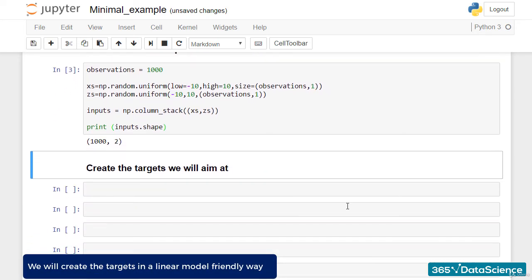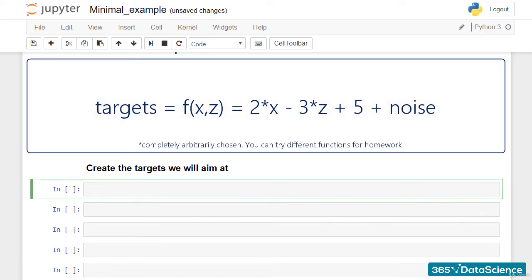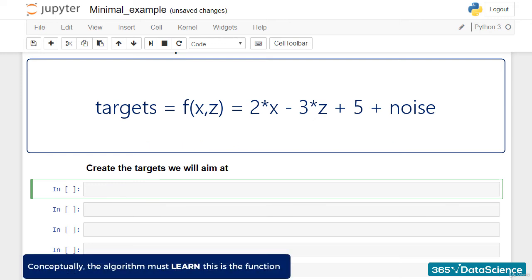So, say our targets will be defined by a function f of x and z, which is equal to 2 times x minus 3 times z plus 5 plus some noise. Conceptually, the algorithm must learn this function. The weights are 2 and minus 3, and the bias is 5. That's the correct result. If we don't get that at the end, we haven't worked properly.